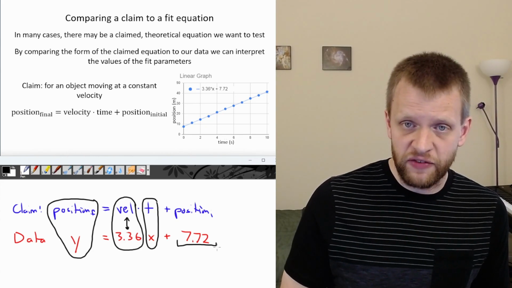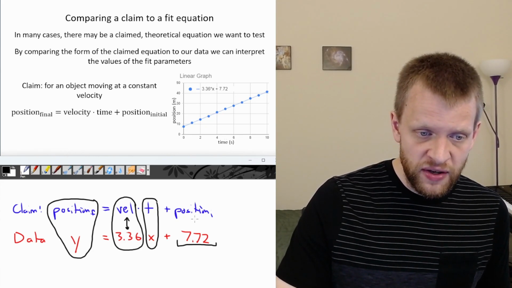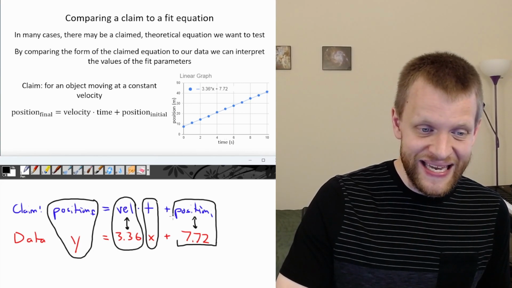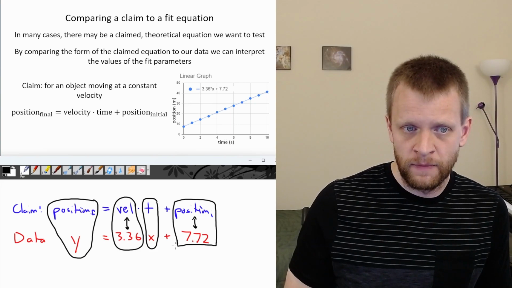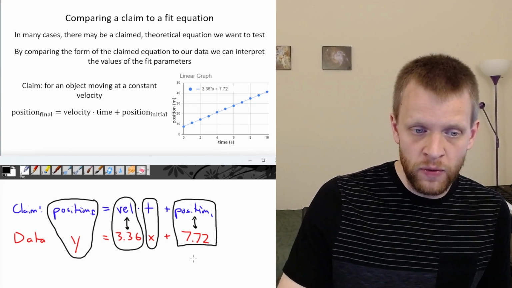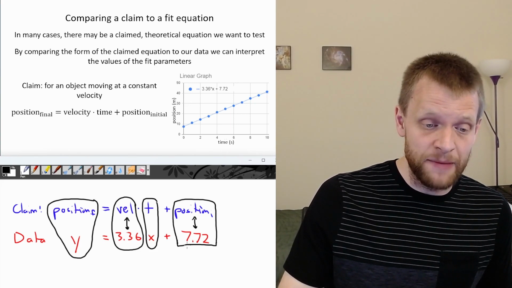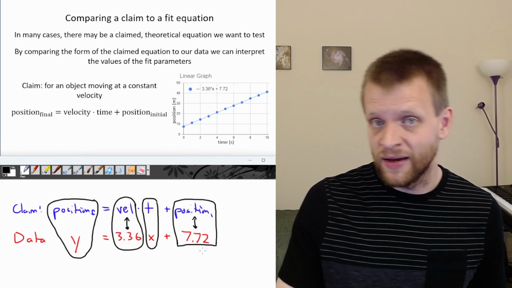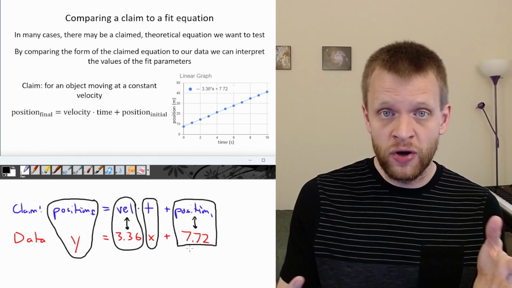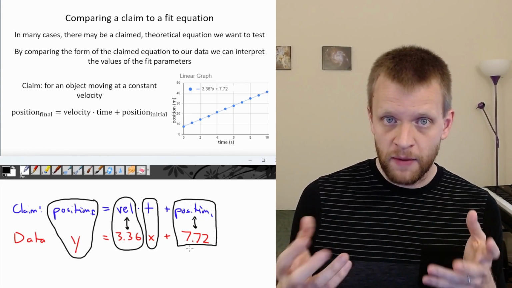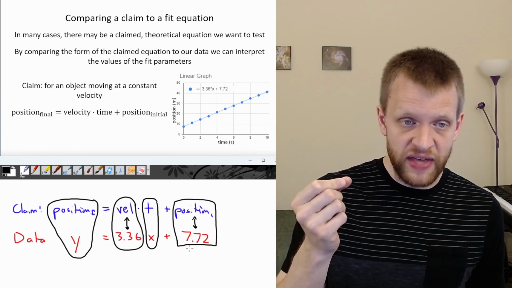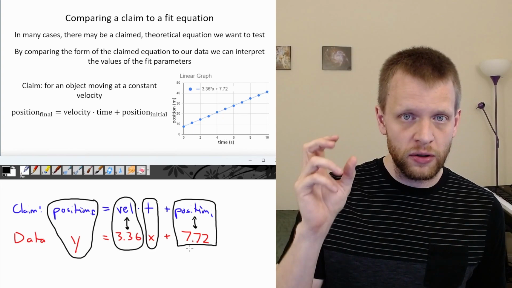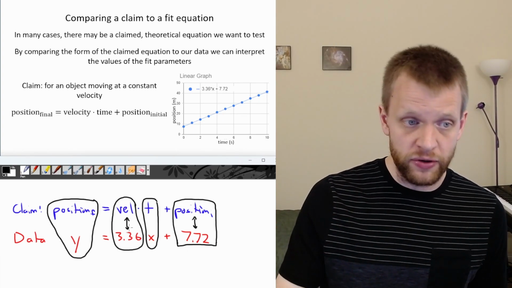Well, we notice that that matches up very, very well with this term for the initial position of the object. So at time equals 0, this object was at a position of 7.72 meters. Again, the computer just spit out this fit parameter, but now we can associate it with a physical quantity, and we can use that to check whether our claim actually matches up with our data.